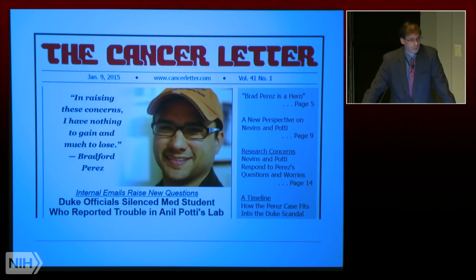They were misrepresenting the facts, and in fact this led to at least 10 papers being retracted, and Duke University had to give back to the American Cancer Society over $700,000 in grants that had come in as a result of Dr. Potti's research, and he had to leave Duke.